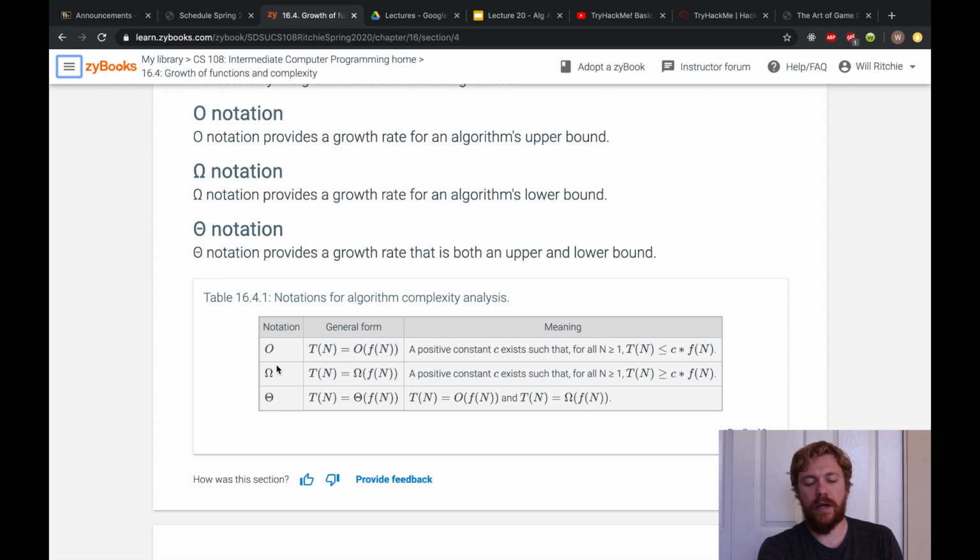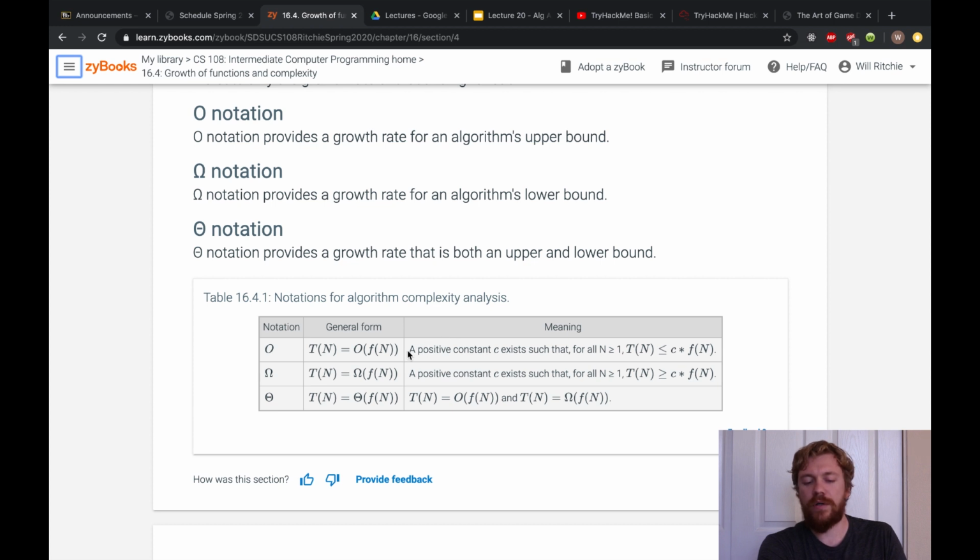For big omega, T of n is equal to big omega of some function of n, which is the lower bound. And for theta, T of n is equal to theta of some function, wherein both the lower bound and the upper bound have exactly the same growth rate. And so these are the formal definitions.